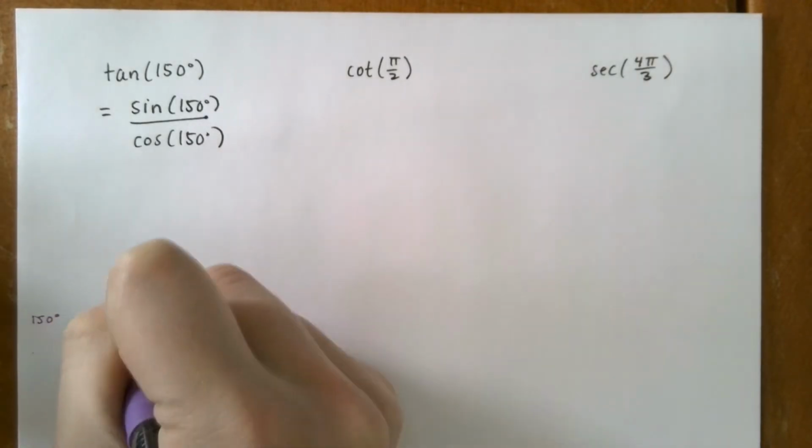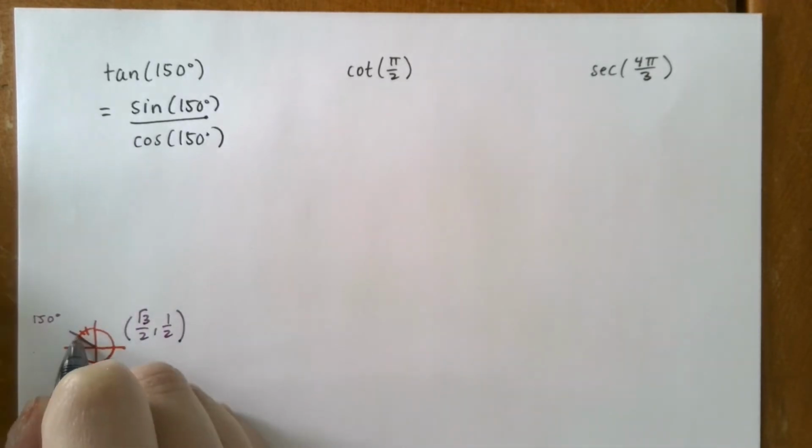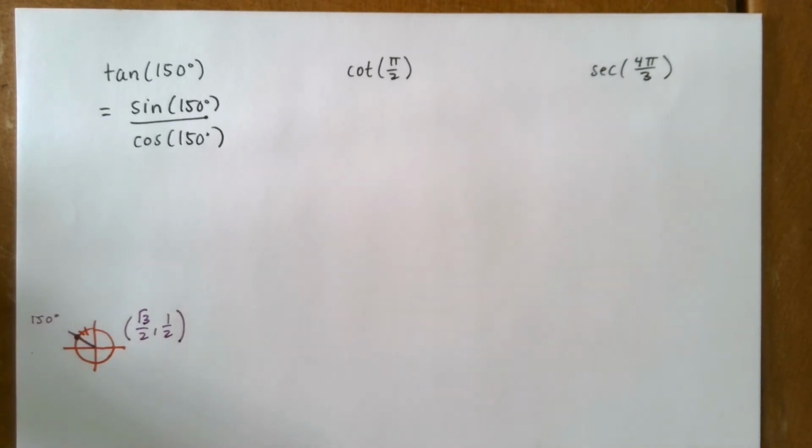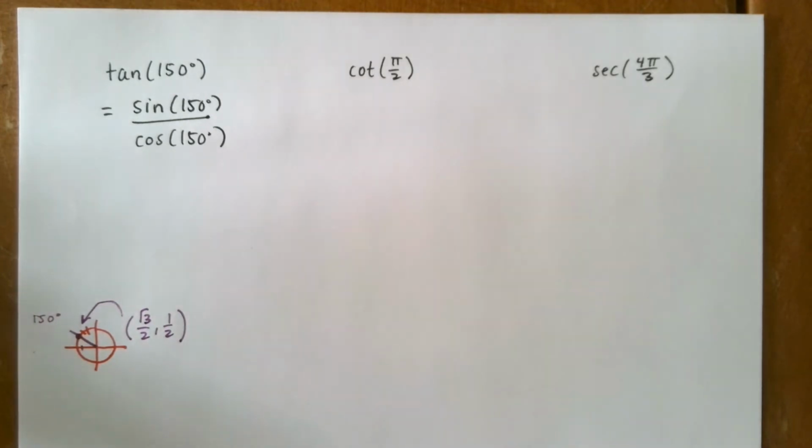So 30 degrees has coordinates root 3 over 2, 1/2. Over here, we'll have the same sine and cosine values, except I can tell that the cosine value will be negative because the x value of that point is negative. So the cosine of 150 is negative root 3 over 2, and the sine is positive 1/2.